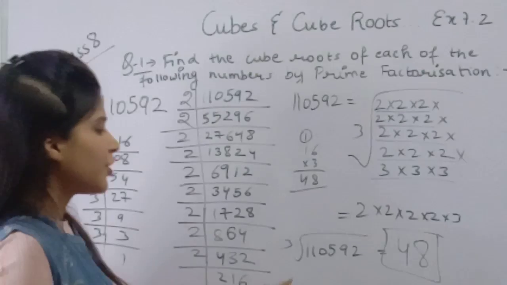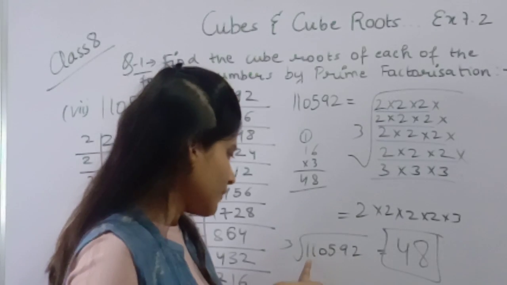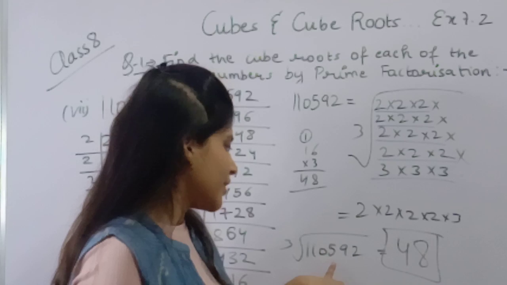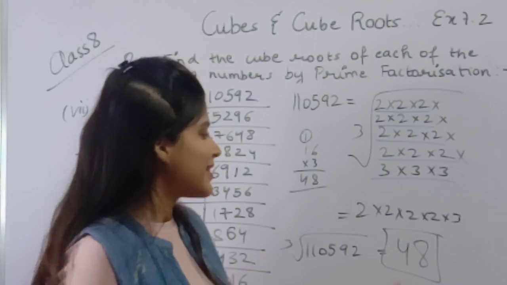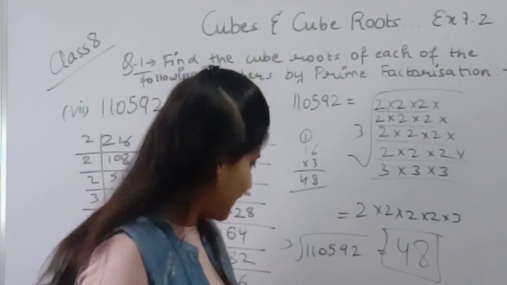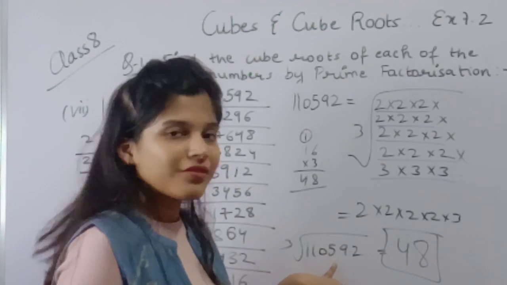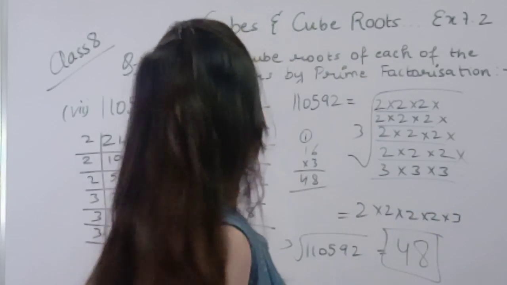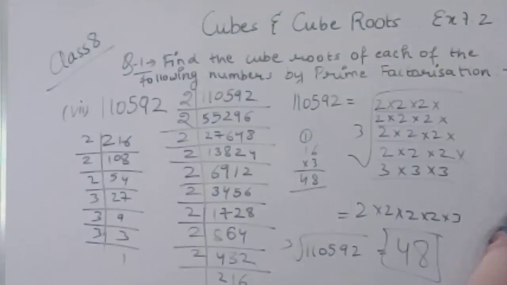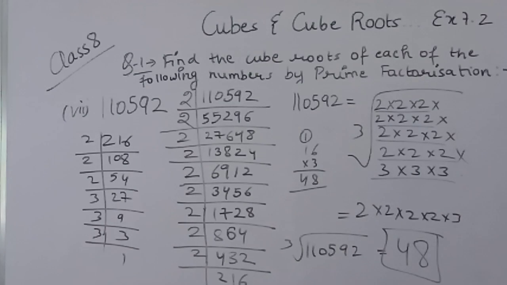So it means that the cube root of 110592 is 48, or we can say that the cube of 48 is 110592. So this was our part number 7. Now let's come to the next part.